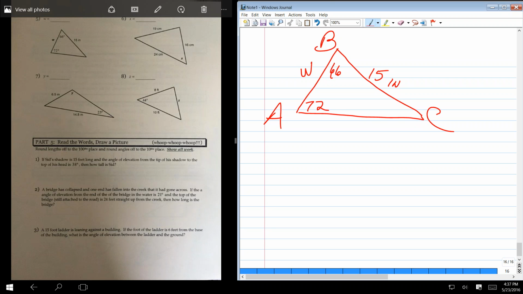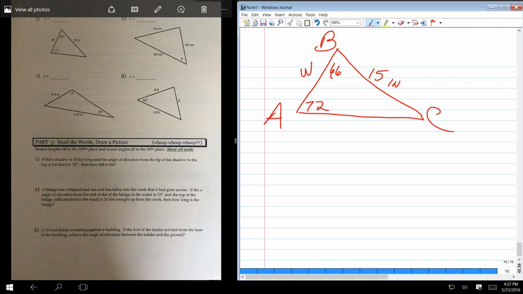In other words, if I gave you a triangle like number 6, there's no angle opposite side relationship. But also number 8, there's no angle opposite side. They're always going to give you 3 pieces of information.